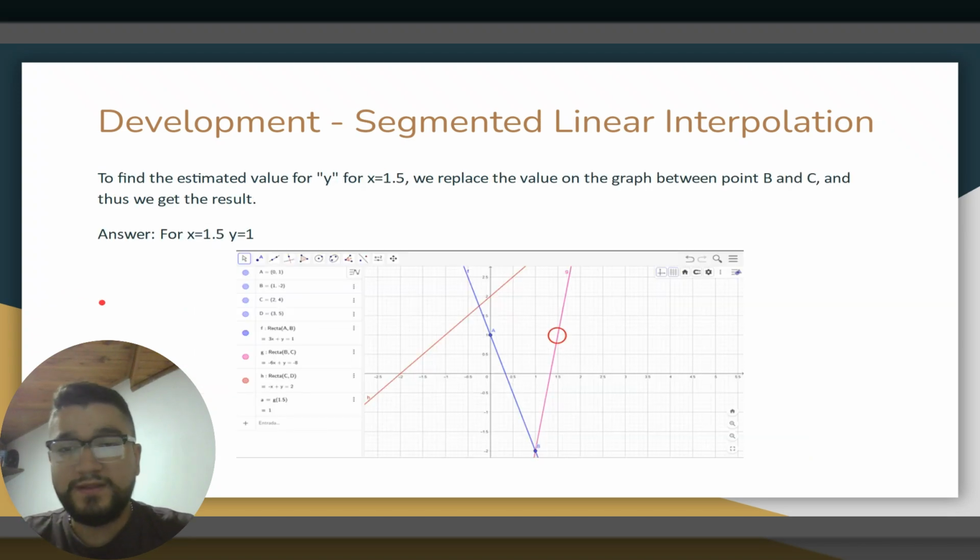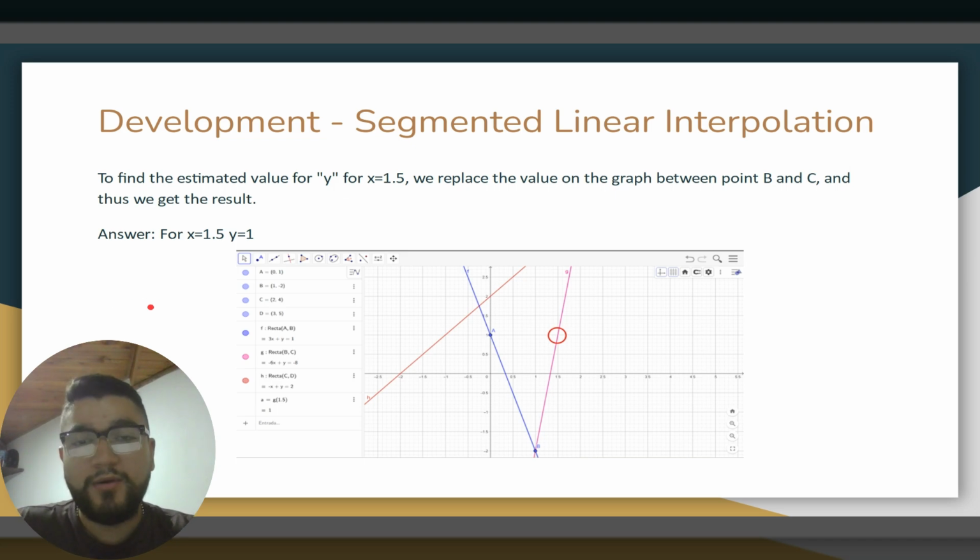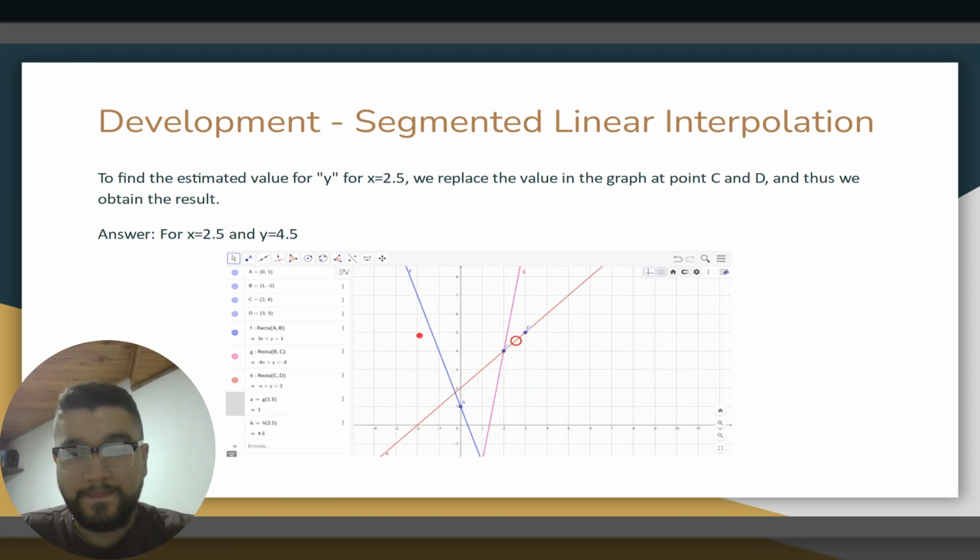To find the estimated value of y for x equal 1.5, we replace the value on the graph between point B and C, and thus we get the result. Answer: for x equal 1.5, y equal 1. This point.